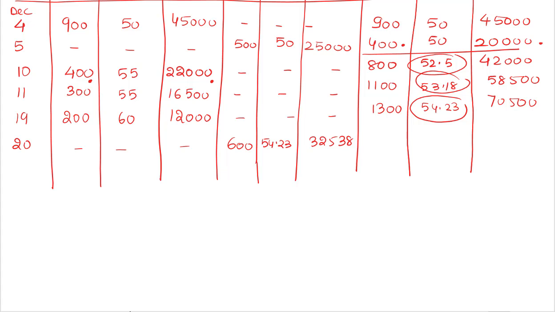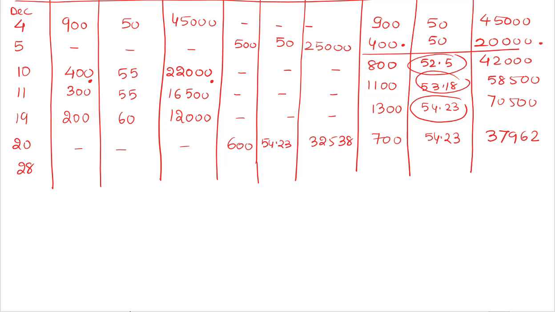From 1300, 600 is issued. So 1300 minus 600, the balancing figure is 700. The balancing figure is 700 at the rate of 54.23. 54.23 multiplied by 700 is 37,962.